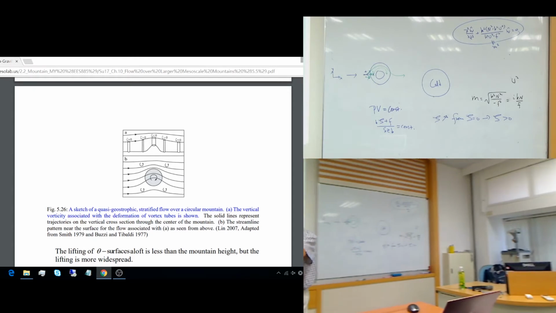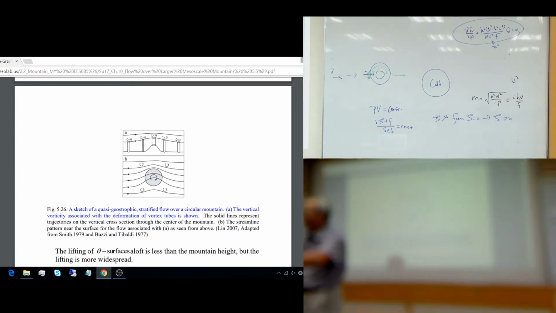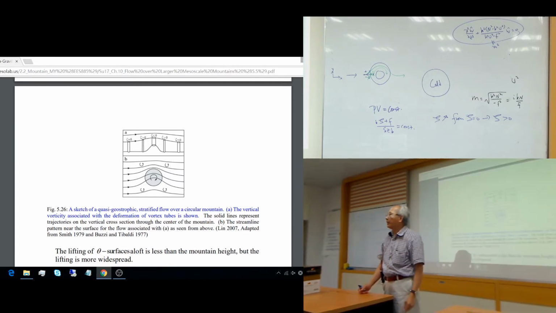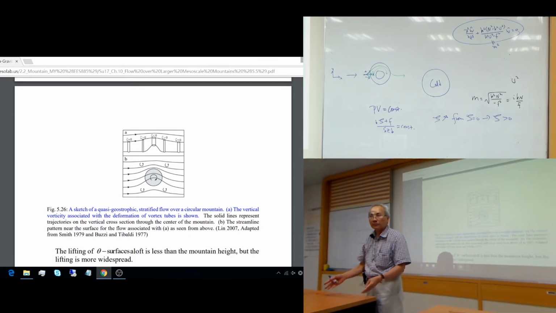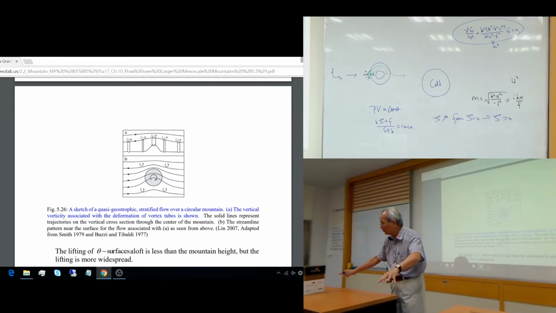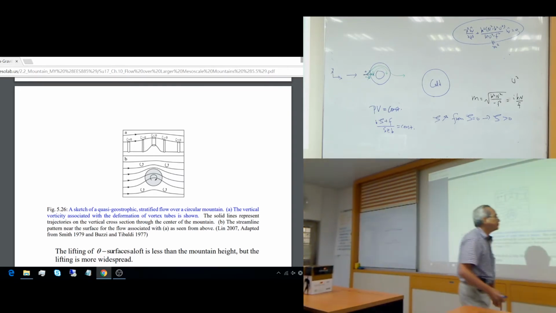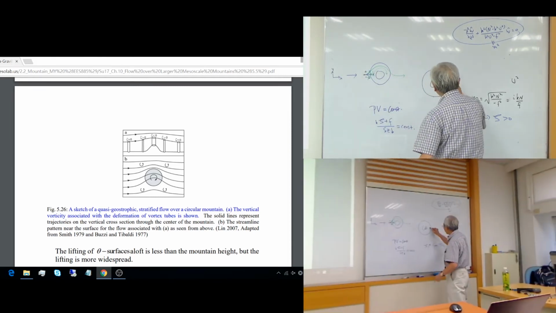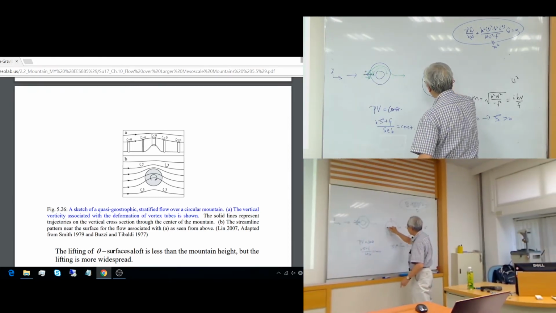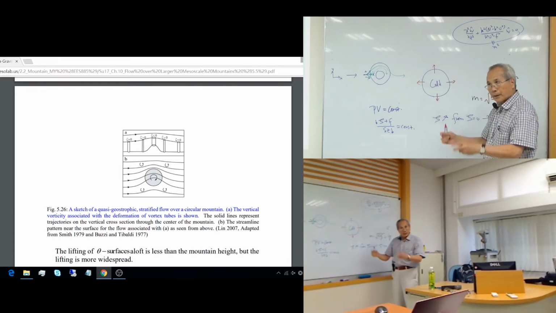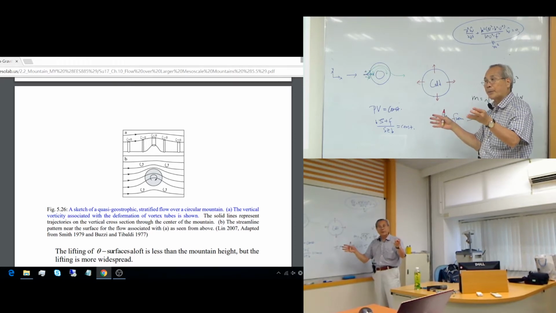Even with no mountain, cold here. What's going to happen to the flow? Divergence out. So we're going to have divergence out like this. This is a larger mesoscale mountain.